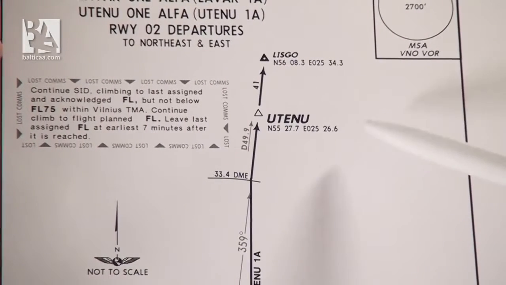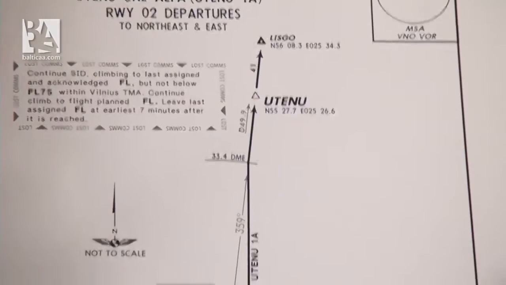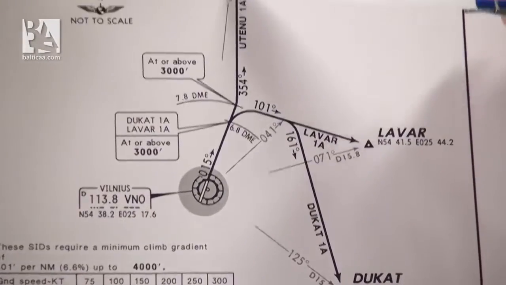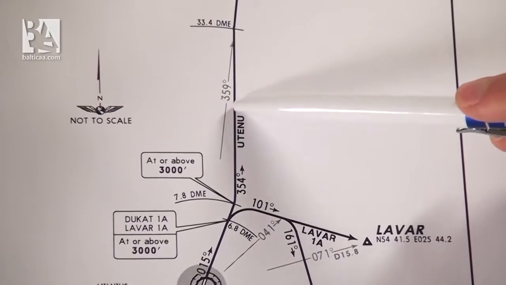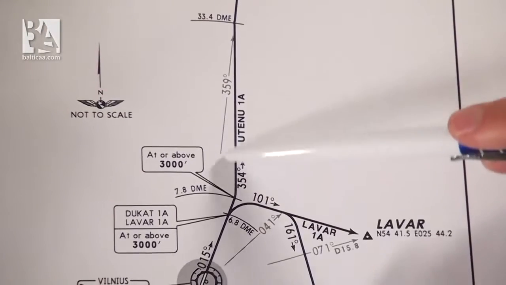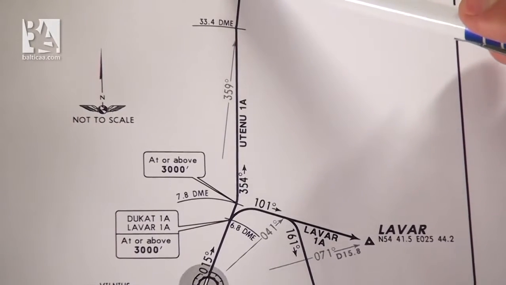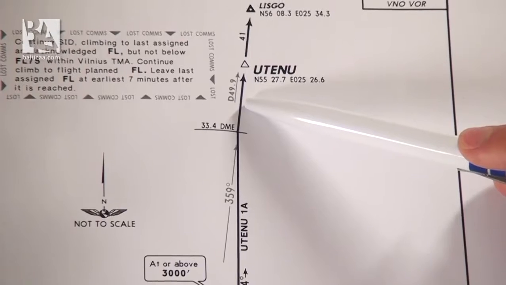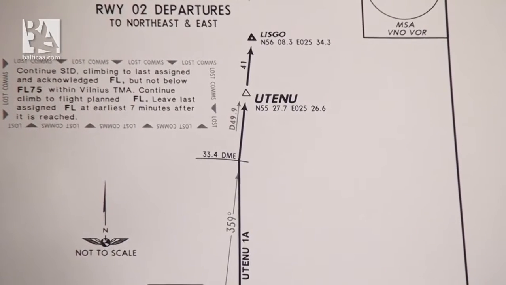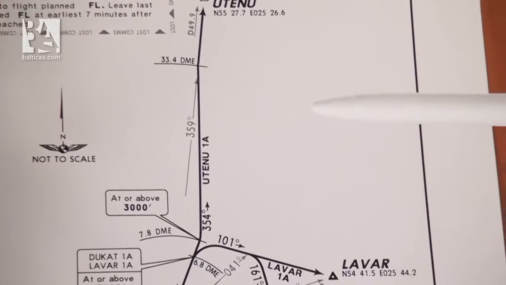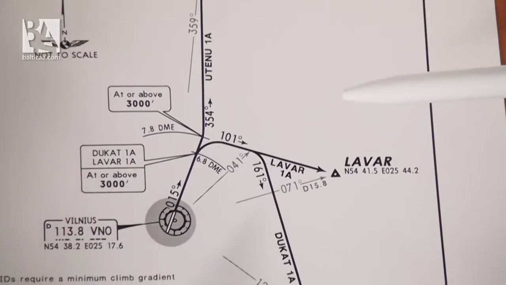Additional information we have is that Uten waypoint is on a radial of 359 degrees from Victor November Oscar as seen here, at a distance of 49.9 nautical miles. The information would be generally in the same format for any other departure, maybe with a few minor differences.